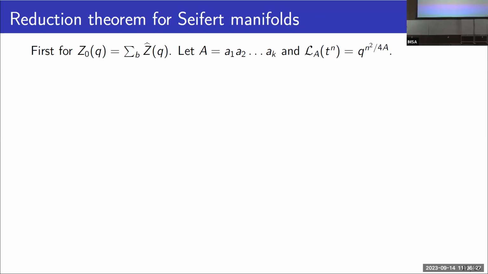So let's denote by big A the product of all a_i's. And we have this Laplace transform kind of substitution. So we take a monomial t to the n, and we send it to q to n squared over 4A. So this is similar to the definition of the Z hat, but now we have just one variable instead of as many as the number of vertices.